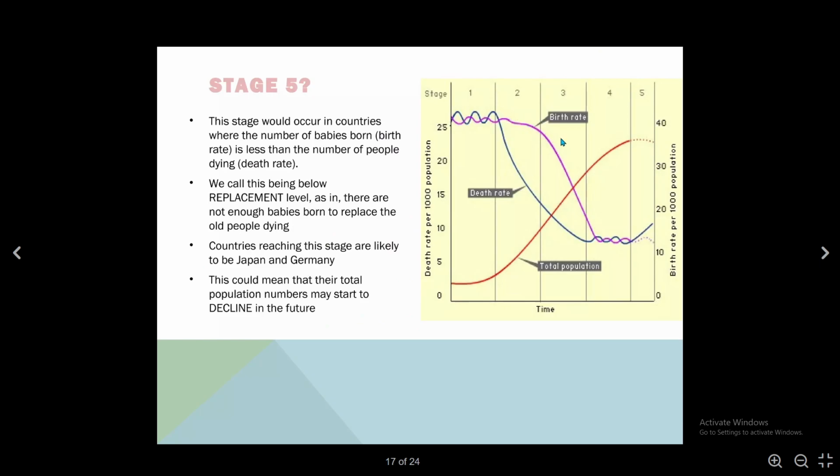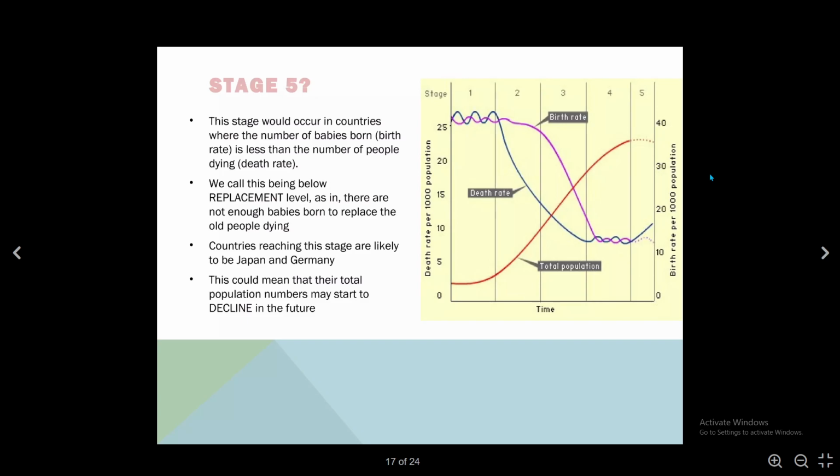So stage 5 occurs currently in Japan and Germany, and it's a country normally where when we look at their population pyramid, it tends to have a very old population.